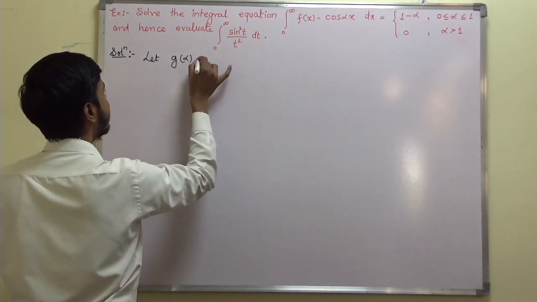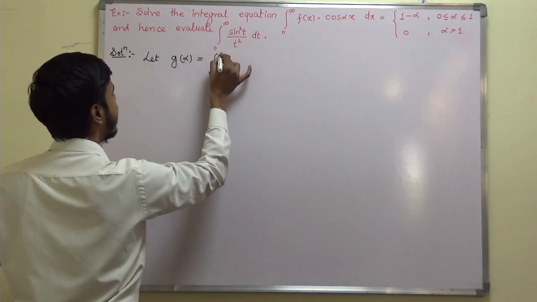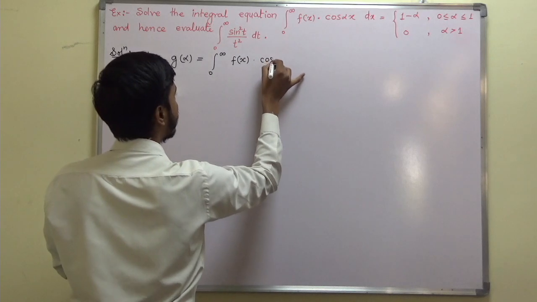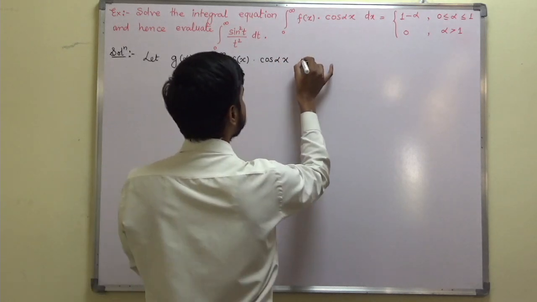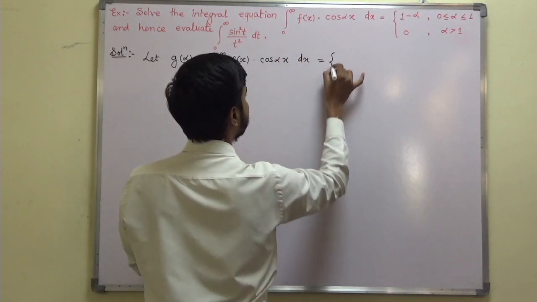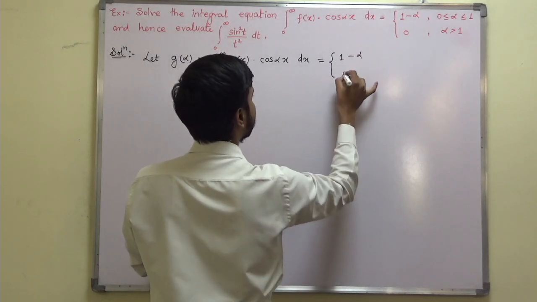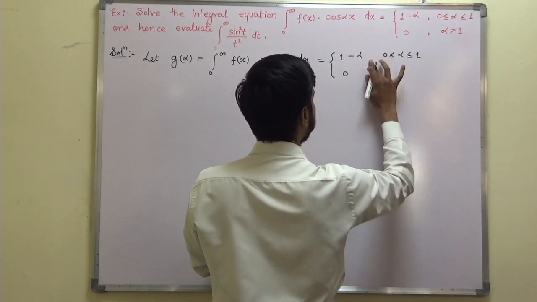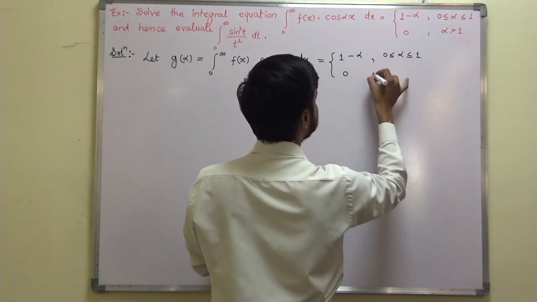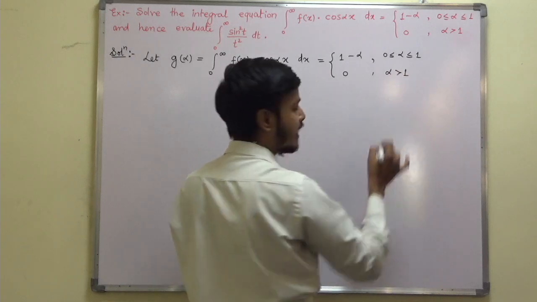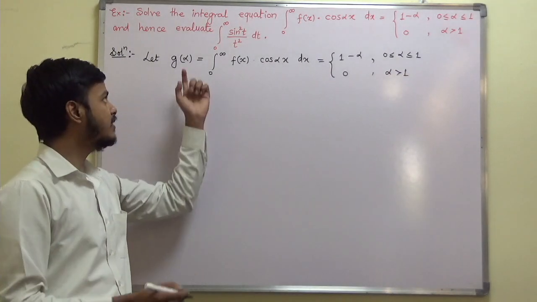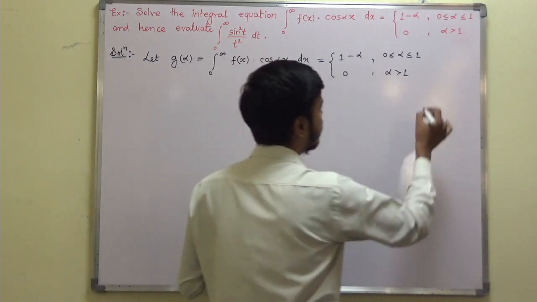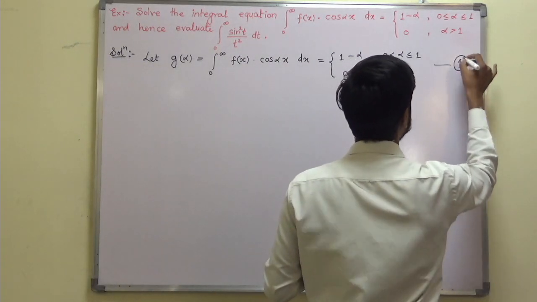So g of alpha is equal to integration 0 to infinity f of x into cos alpha x dx, which is equal to 1 minus alpha for 0 less than or equal to alpha less than or equal to 1, and 0 for alpha greater than 1. Alpha is the parameter here. Let this be equation number 1.